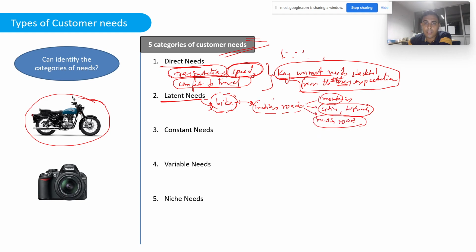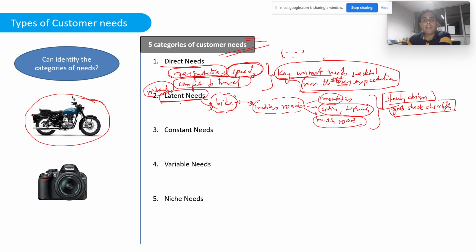That means now you need to have some ancillary requirements, some needs, like a sturdy design, or good shock absorption. These kinds of needs are called indirect needs or latent needs.